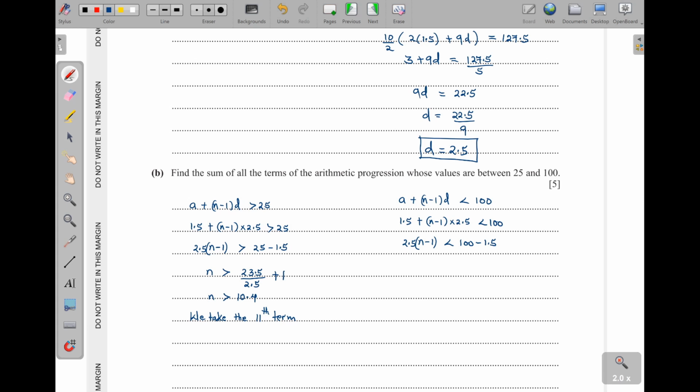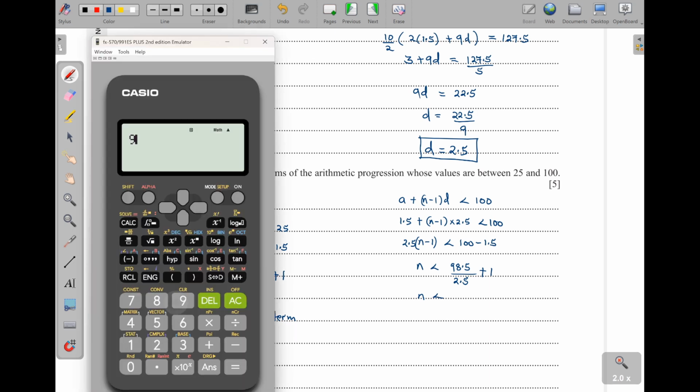Won't that be 98.5? Yes. So our n has to be less than 98.5, then divide by first the 2.5, then after that add the 1. So n has to be less than 98.5 divided by 2.5, then plus 1, that is 40.4.